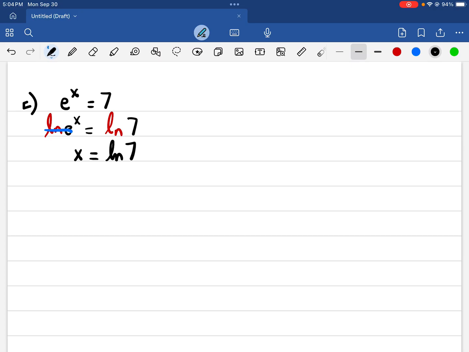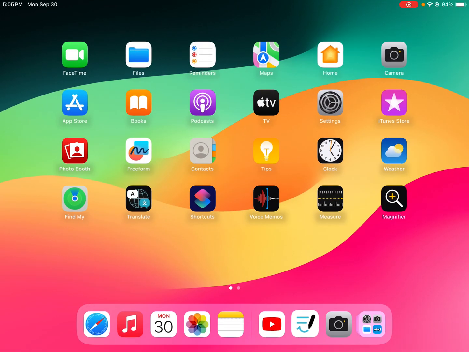Unlike when we take the log of both sides or do Loggy Froggy, where you have to do more work, when you have a natural log and that base e is by itself, it will directly cancel out with that natural log, and that'll allow you to figure out what x equals.